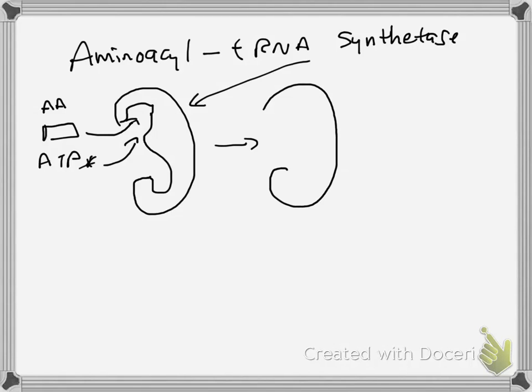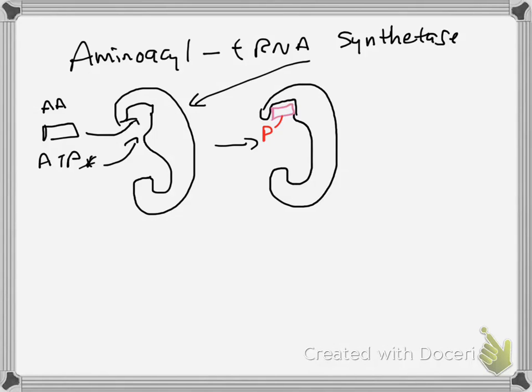So I'm going to draw it again, and let's change the color of our amino acid. Here's my amino acid, and to this thing now we will have attached a phosphate group, so it has been energized. That's really what we're doing.